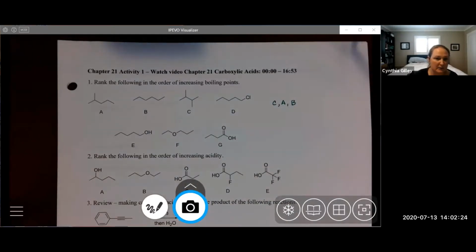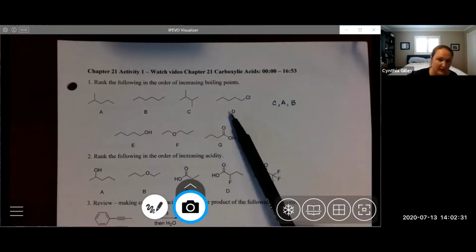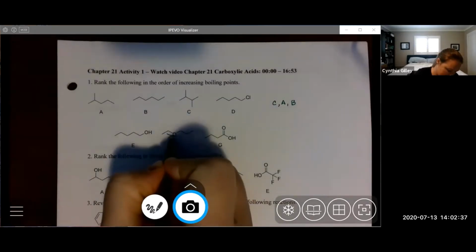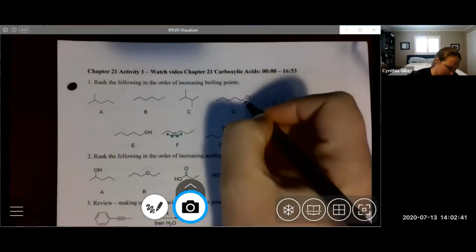And then between G and F, both of those would rely on dipole-dipole intermolecular forces. The ether will have some canceling out, and the alkyl halide will have less of that.